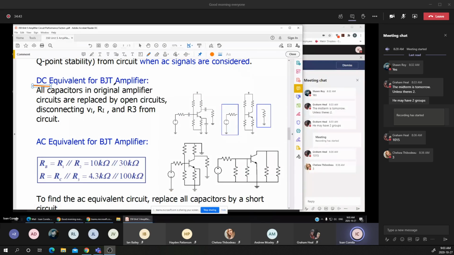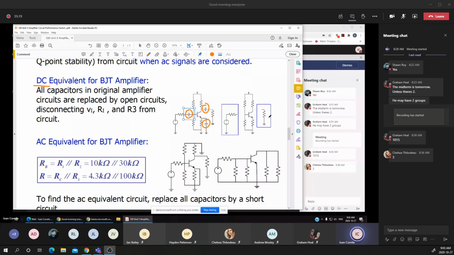Now, I included the DC analysis and the AC analysis, and I made the DC equivalent of a BJT. Remember what a capacitor does in DC: it will charge and remain charged. Means that in DC analysis, the capacitors C1 and C3 will isolate the input voltage V in and the load resistance, so there is no current or voltage applied to the RL.